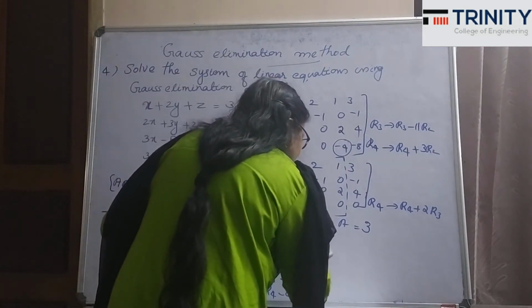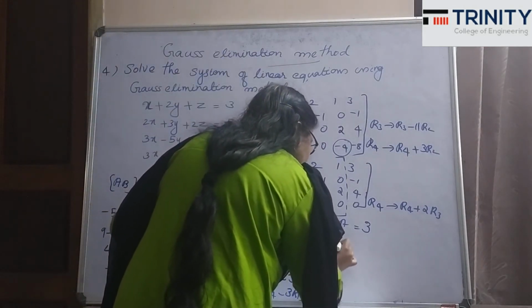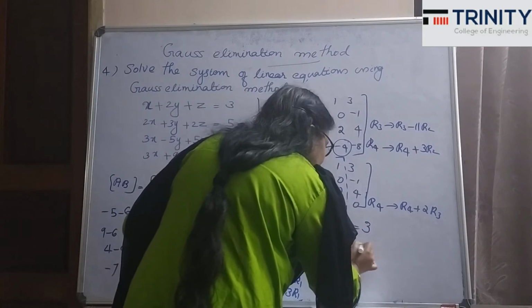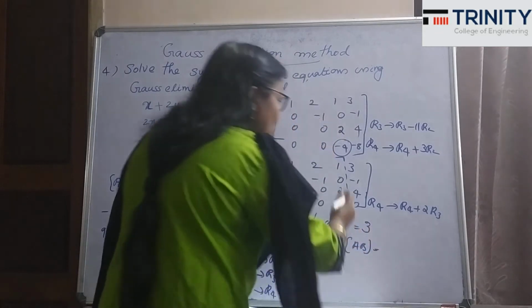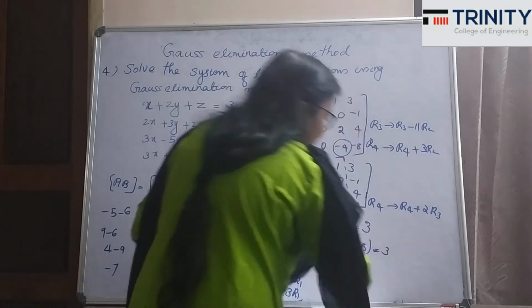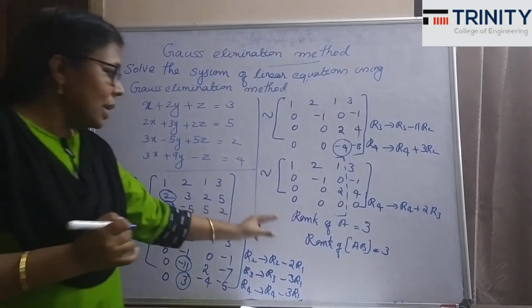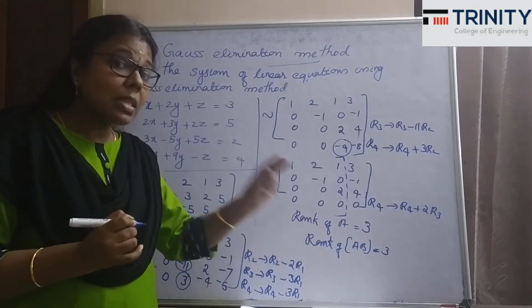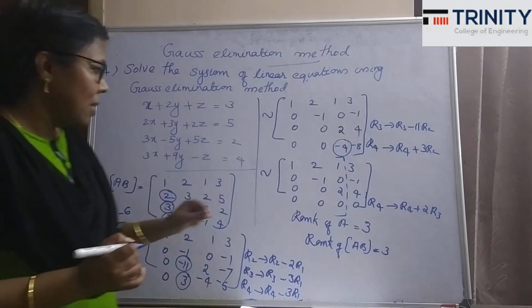What is the rank of AB? The rank of the augmented matrix AB is the rank of the full matrix, also 3. Here the rank of A equals the rank of AB, therefore the system is consistent.